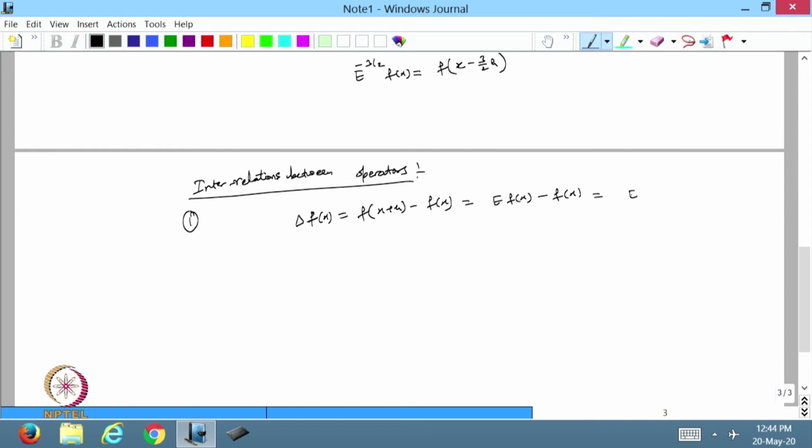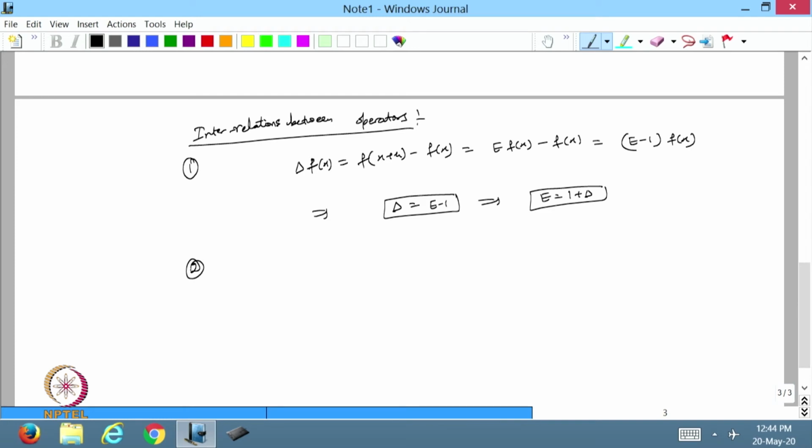From here I can take f(x) common. Based on this, I can say that the forward operator is always equal to E minus 1, and from here E will be 1 plus the forward operator. So that is the relation between the shift operator and the forward operator.